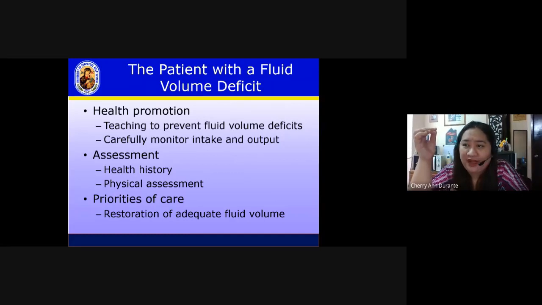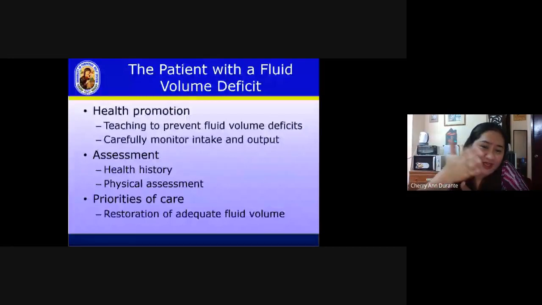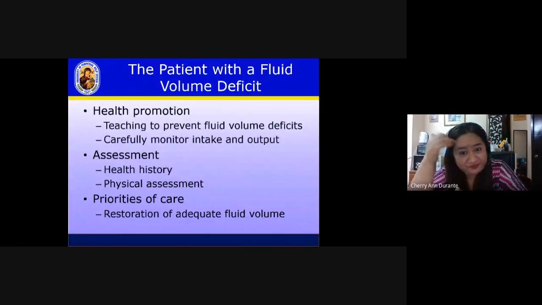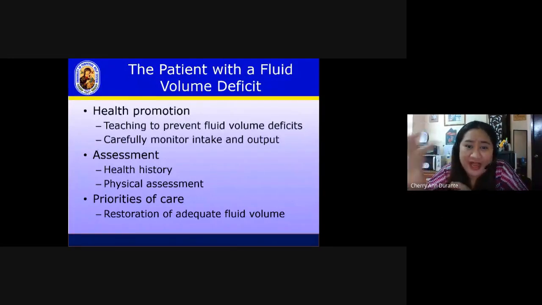Now, and then you will again feel the urge to void afterwards. And I think capacity kasi ng urinary bladder nag-vary, pero it's usually 800 ml to 1 liter. 800 ml to 1 liter ang capacity ng bladder mo. Yun yung kaya niyang i-carry. After that, it will overflow.